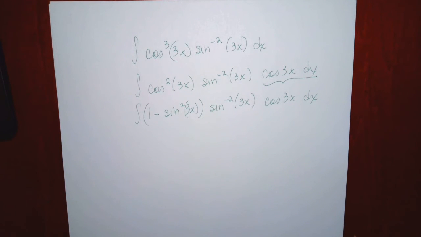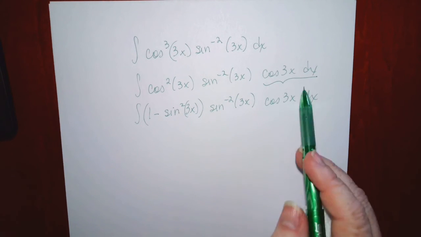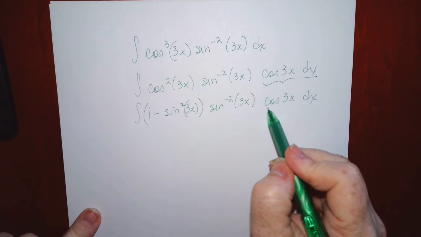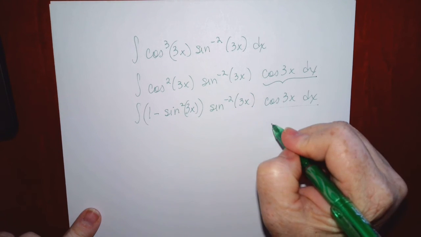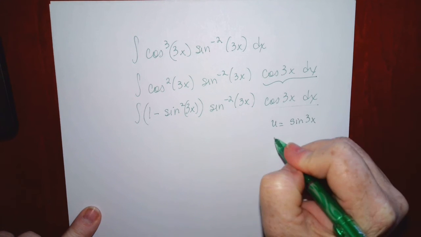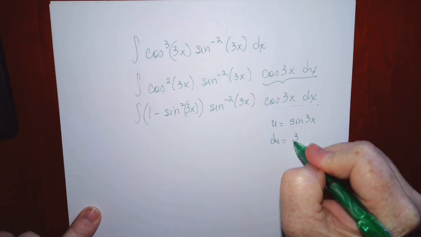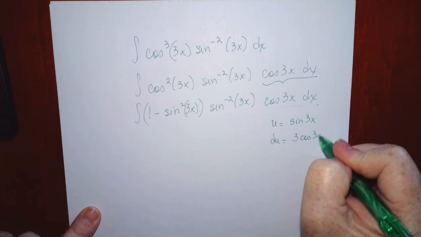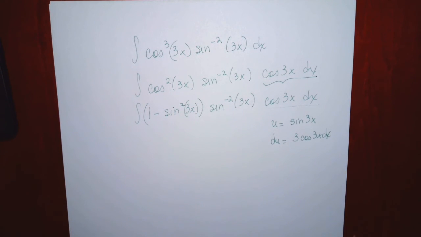Okay, so even though one of my powers was not a positive integer, I still was able to use the fact that I did have one of those to a positive odd power and pull that odd term off. Now, since I pulled this off over here to be du, my u will be sine 3x, and my du would be 3 cosine 3x dx.